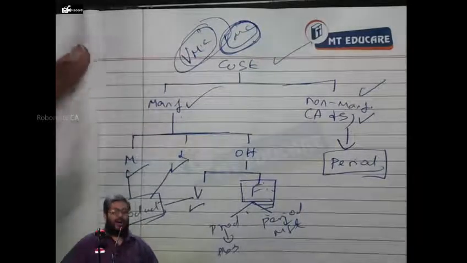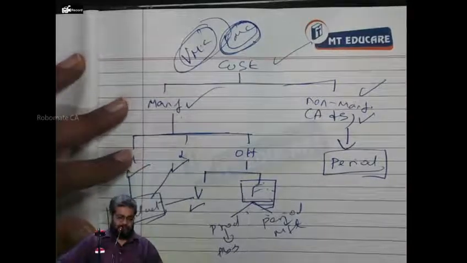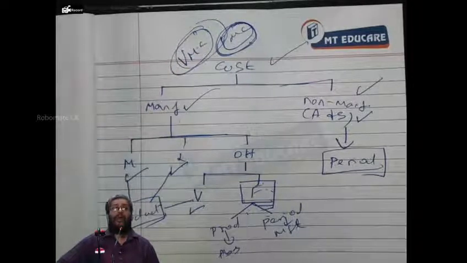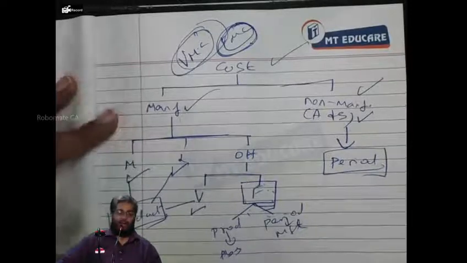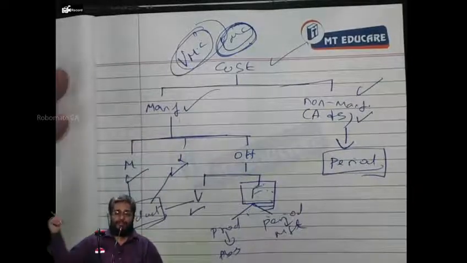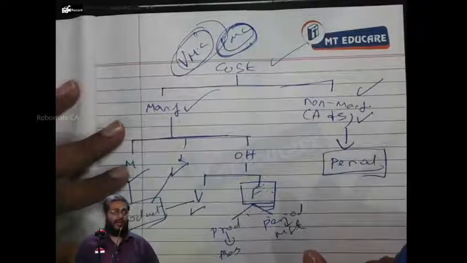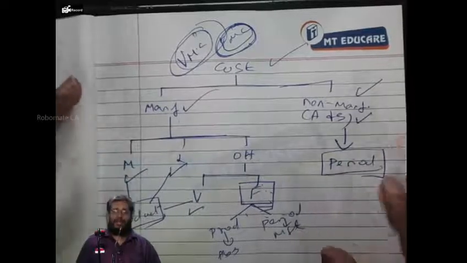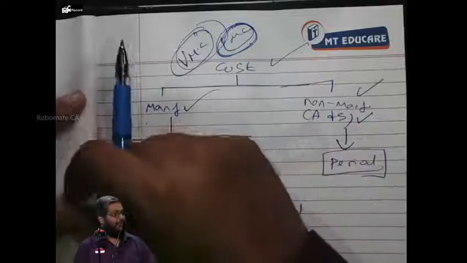This difference is called under or over absorption, which needs to be adjusted while calculating absorption costing profit. We do plus or minus under or over absorption in the statement.